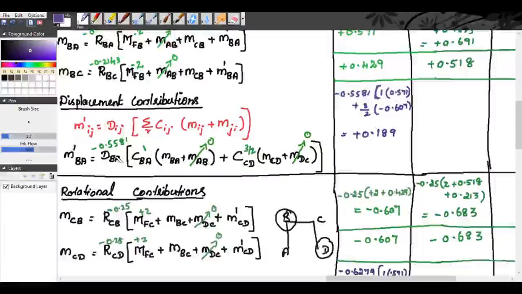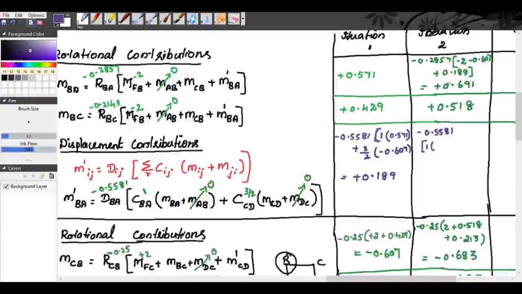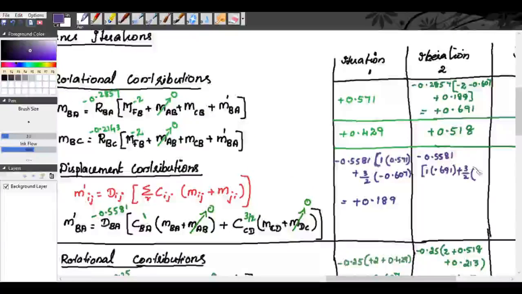Displacement contribution, first of all, we will consider for joint B. For joint B, the displacement contribution is minus 0.5581 multiplied by 1 into MBA. For the last iteration, we obtained MBA as plus 0.691, plus 3 by 2 multiplied by MCD. MCD is minus 0.683.